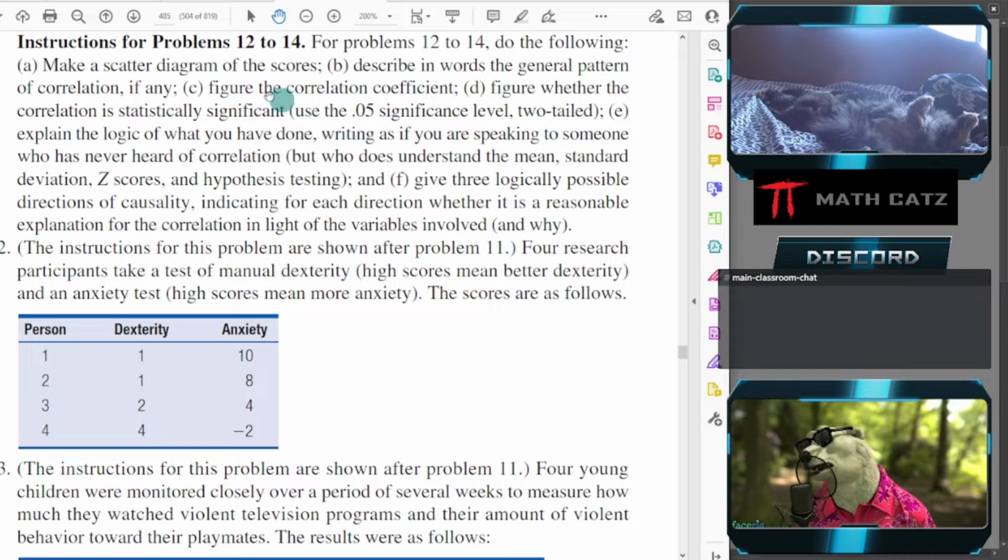Now it's wordy, but let's just get an idea for what we're going to be doing roughly. We are going to have two variables, and we are not going to have a lot of sample scores because we're doing it by hand, and we're kind of limited for that reason. We first want to just visualize the information by way of a scatter diagram.